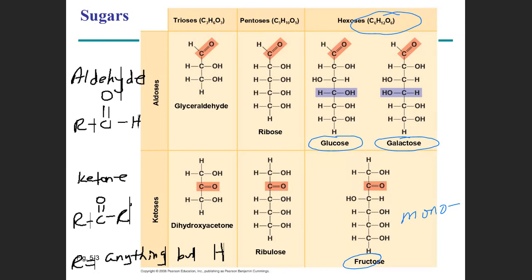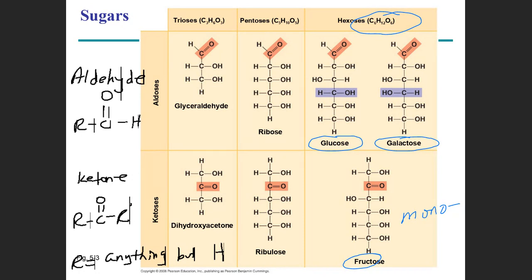Aldoses have an aldehyde group, and ketoses have a ketone group. But that carbonyl group is something we're going to test for in lab. So remember the carbonyl group. It doesn't really matter whether it's an aldehyde group or a ketone group. As long as that carbonyl is there, we can test for that.